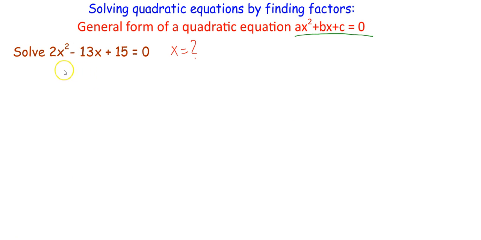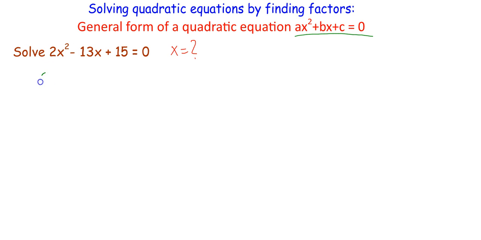But our task is to solve a quadratic equation with a degree 2. So, the first thing is this big expression 2x² − 13x + 15 must be factorized.